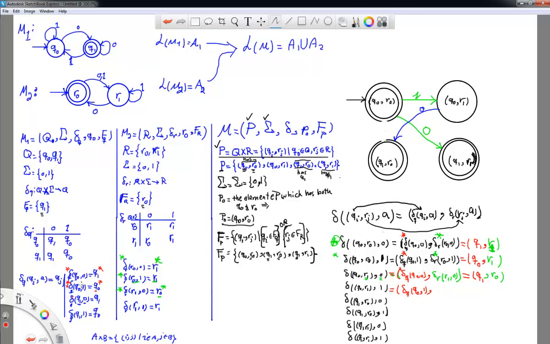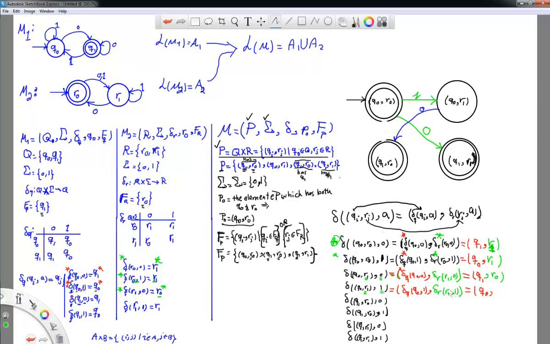So that's delta sub q of q sub 0 and 1, which is q sub 0. So the first element of the pair is going to be q sub 0. So what's going to be the second element then? The second element is going to be delta r from the second machine of r sub 1 and 1. So r sub 1, comma 1.